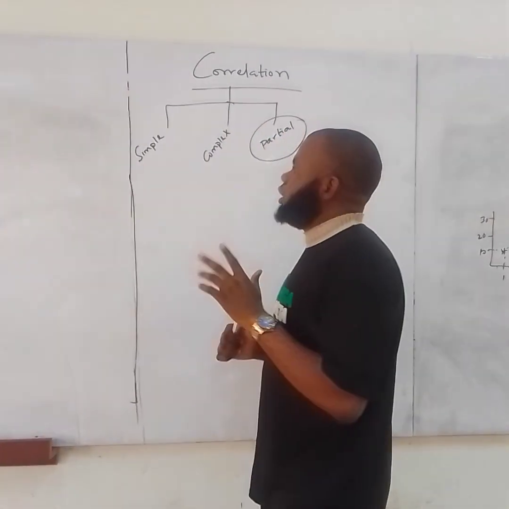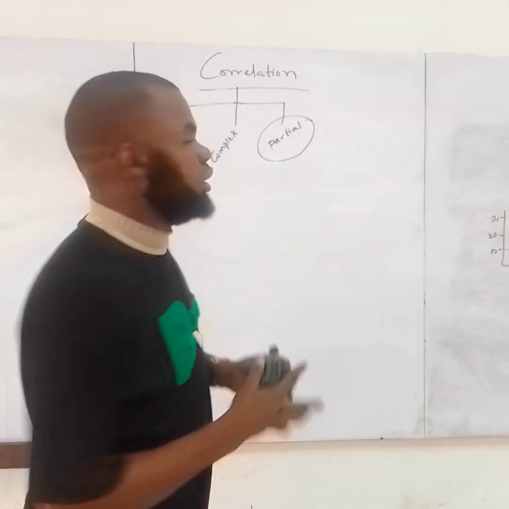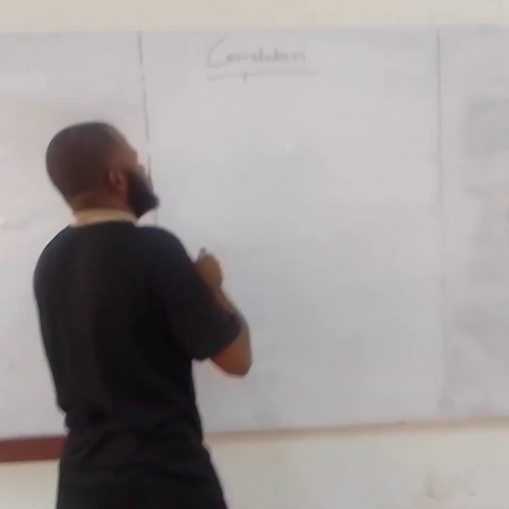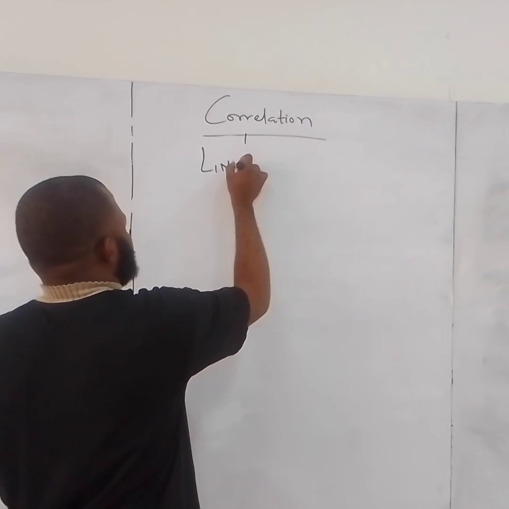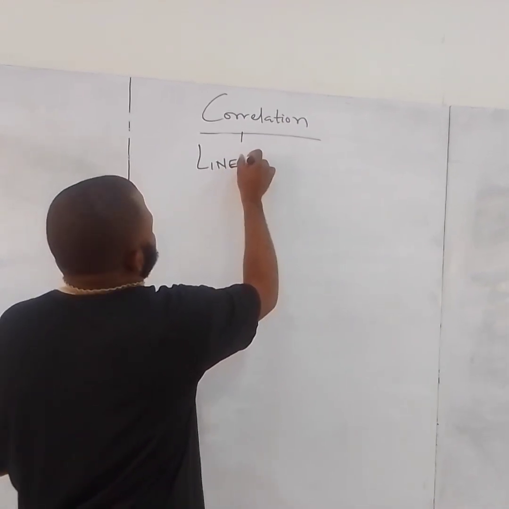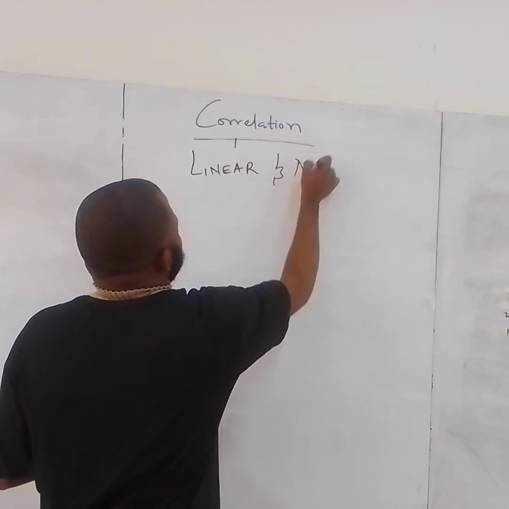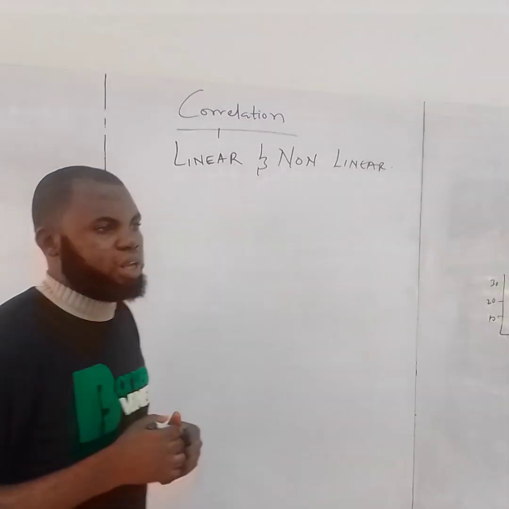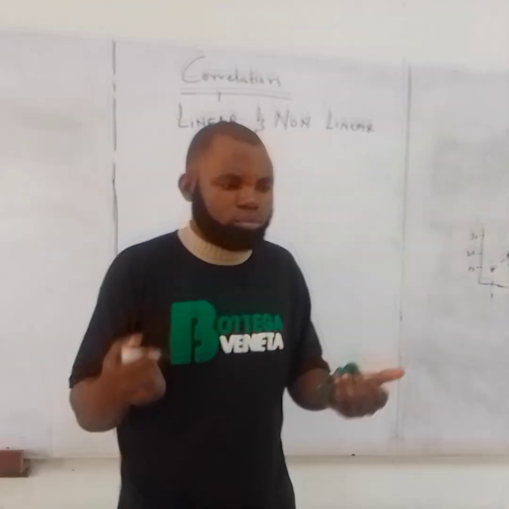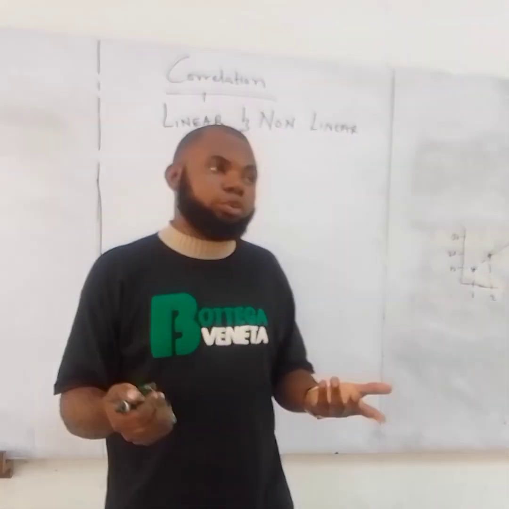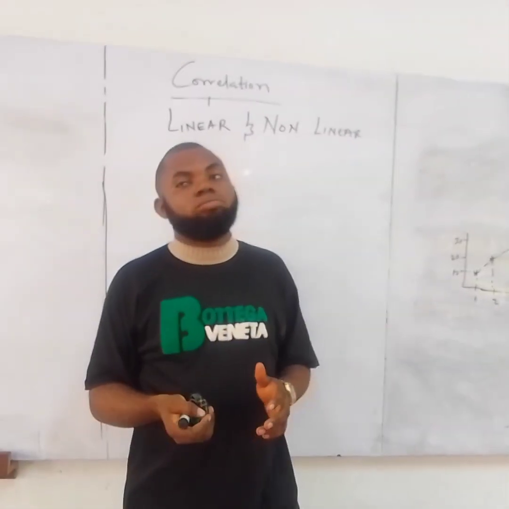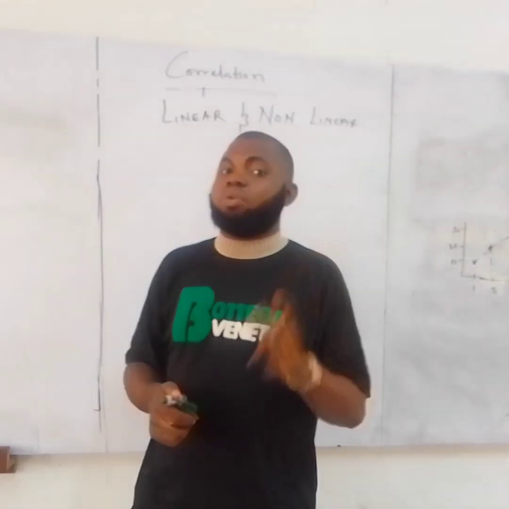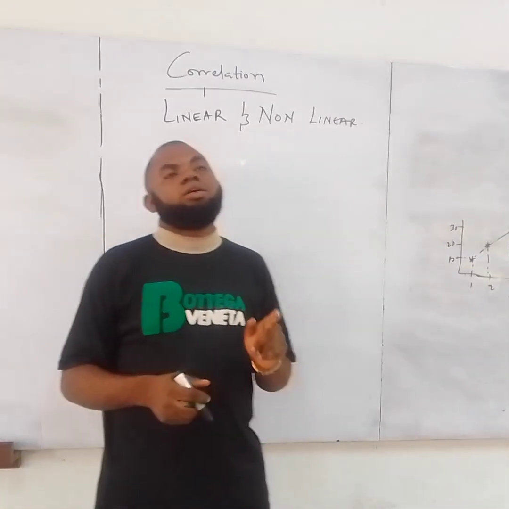Okay, so now let's talk about the linear and non-linear aspects of correlation. I'll put it this way. A correlation is said to be linear if a change in one variable brings about a constant change in another variable.